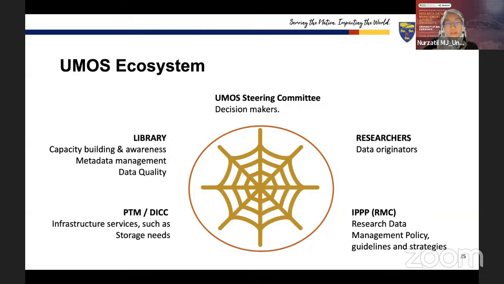Researchers, we all widely recognize, are the data originators; they generate the data. At the same time, we recognize the Research Management Office, the RMC. Their very important role is to look after the policy for RDM, the guidelines, and the strategies. So they are more on the policy part of the RDM.